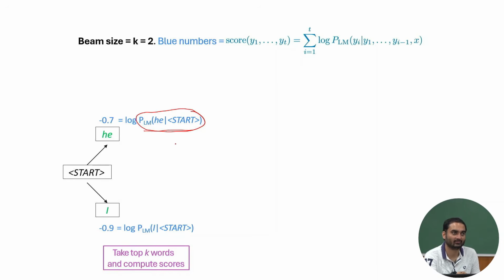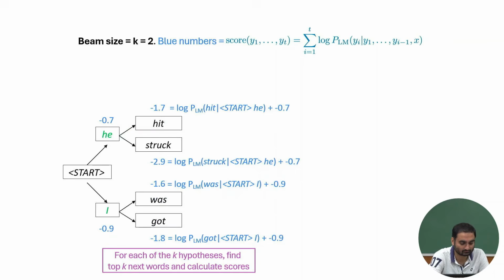Since this is a probability, it ranges between 0 and 1, so the log of this will be negative. All these negative numbers will be added, and I will choose the hypothesis whose value is maximum, which is less negative. Here the score till this point is minus 0.7, minus 0.9.